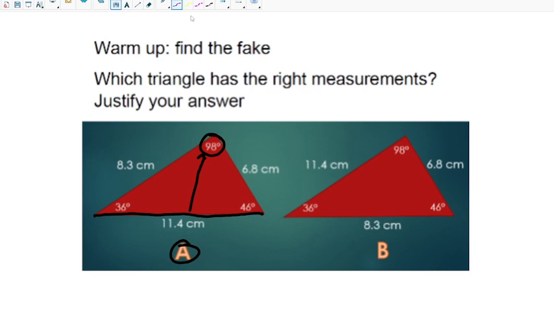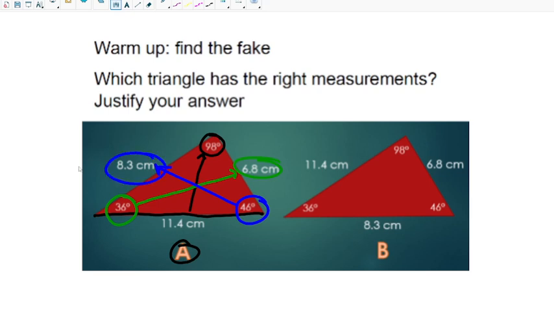And if we extend this, the smallest angle, ooh, that's a terrible color. Let's try green. The smallest angle is opposite the smallest side. And the one in between is opposite the one that's in between.